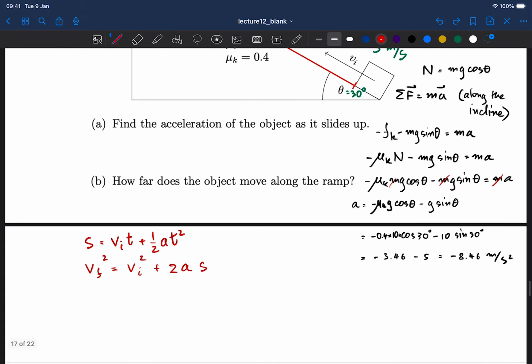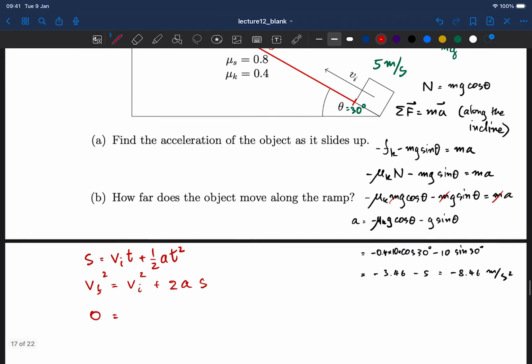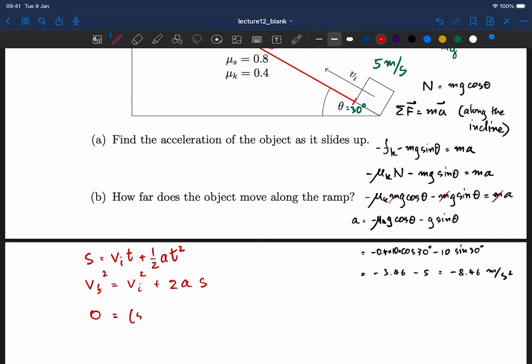And how far does the object move up the ramp? How far means eventually it's going to stop. So Vf will be 0. Vi is the initial velocity, that's 5 meter per second, plus 2a, which is minus 8.46.